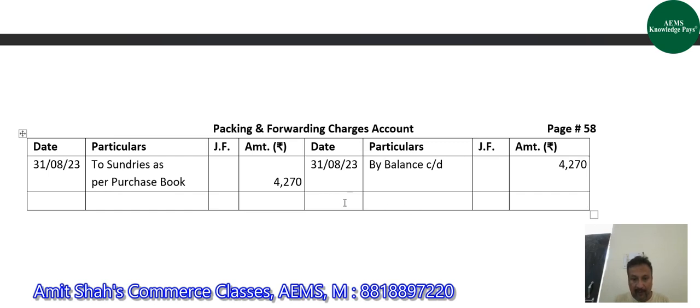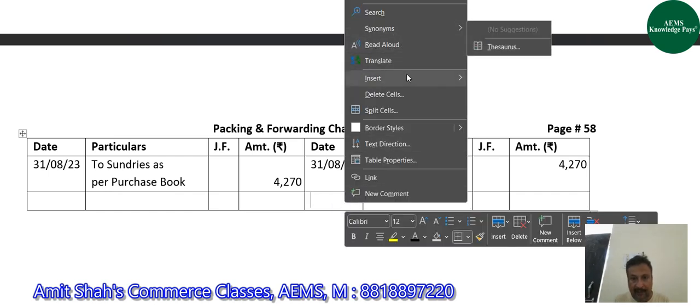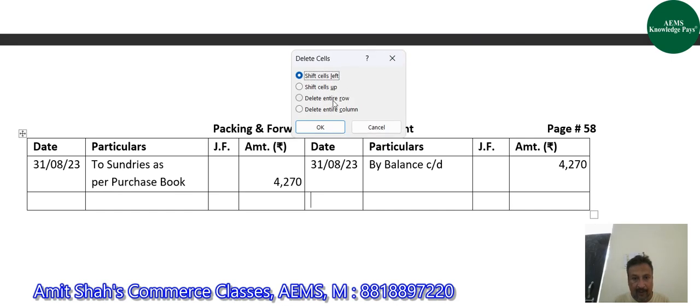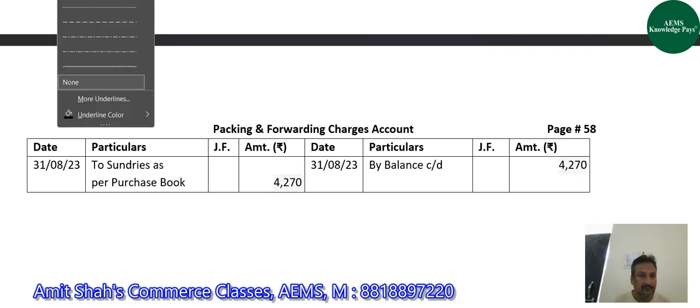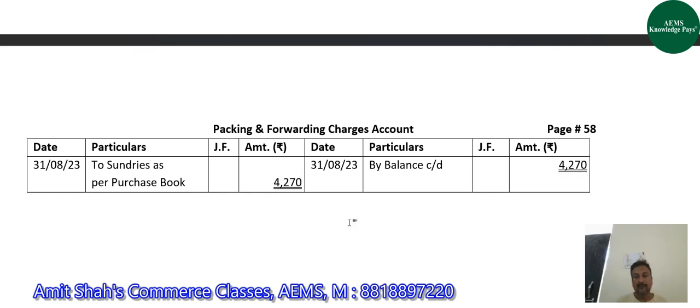We do not require the line of total because we have only one amount on each side. So the debit balance in packing and forwarding charges account is also 4,270.